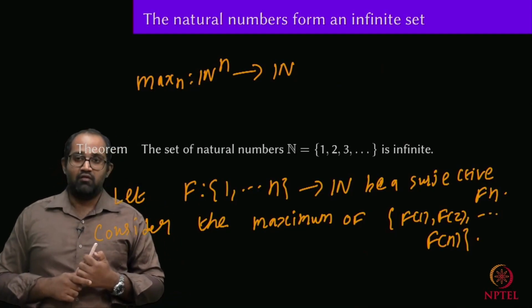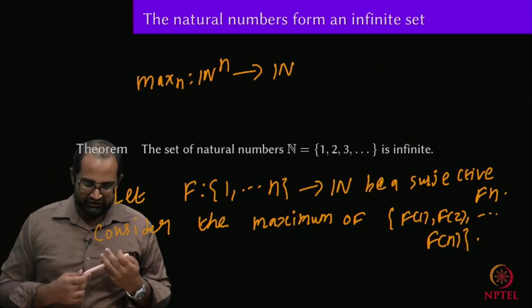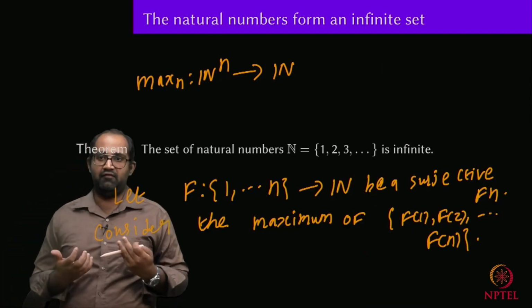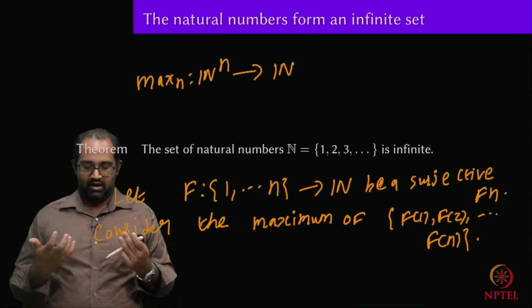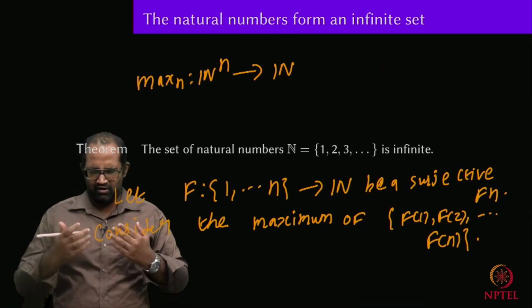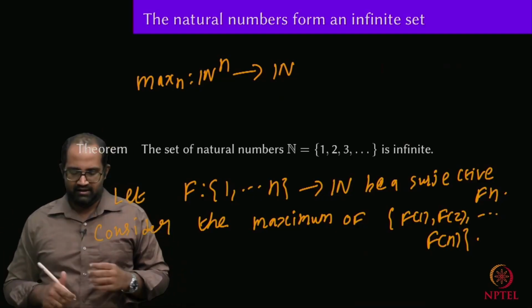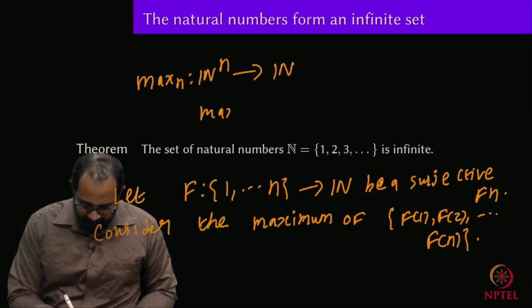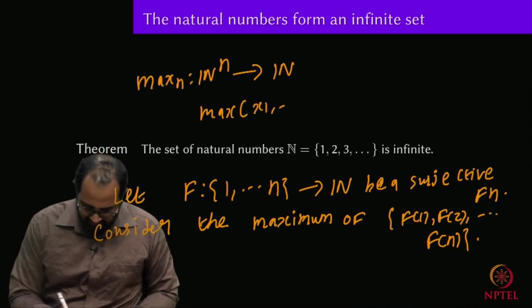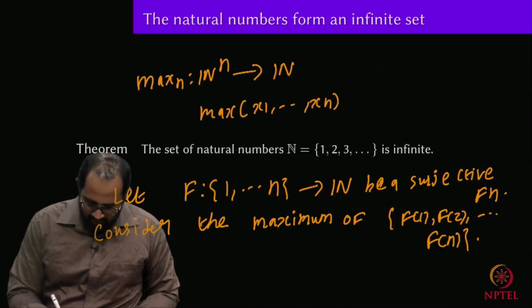So for every n there is a function called max n from natural numbers power n to natural numbers. That is, it eats up n natural numbers and outputs the maximum of them.